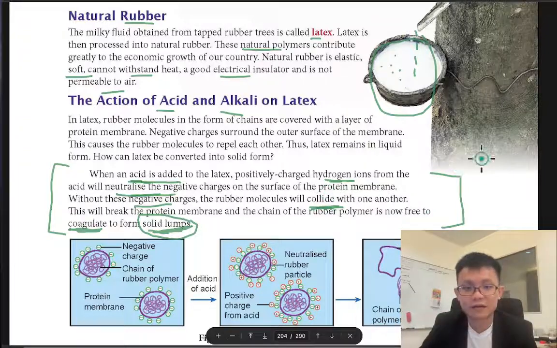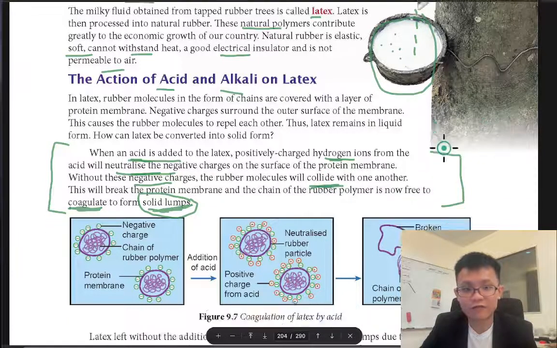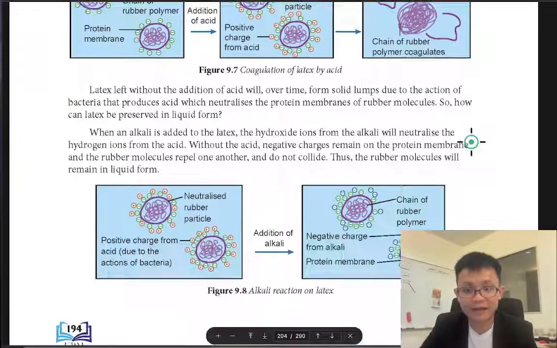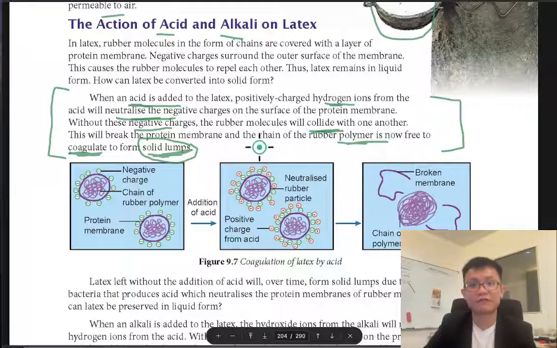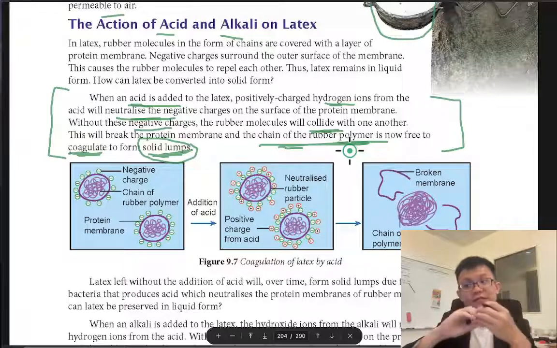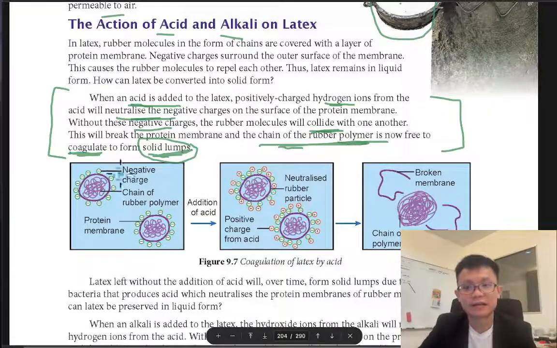When they collide with one another, it will start to form a polymer, a long chain. After it forms a long chain, stuck together, it will start to coagulate, become like a jelly. After that, it becomes like a lump.